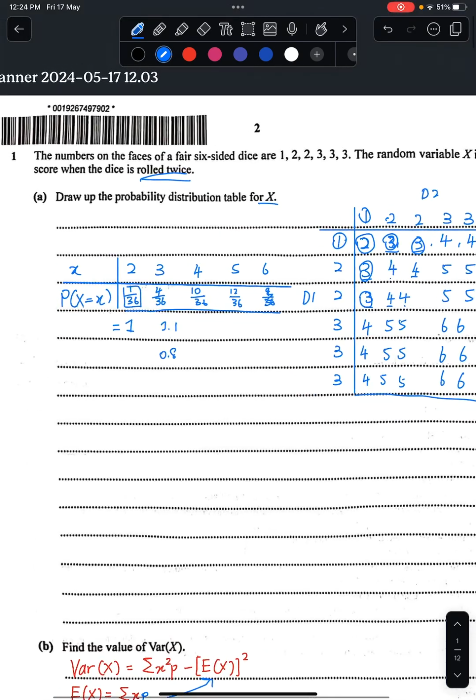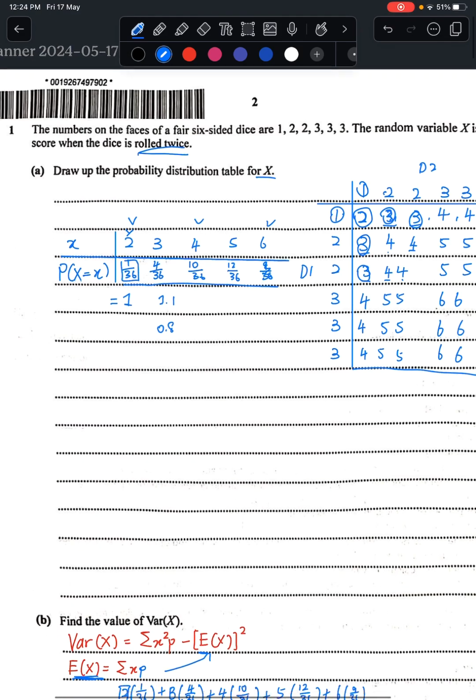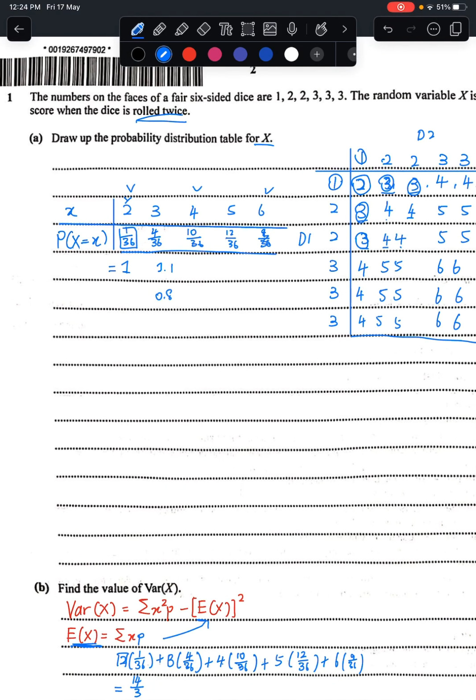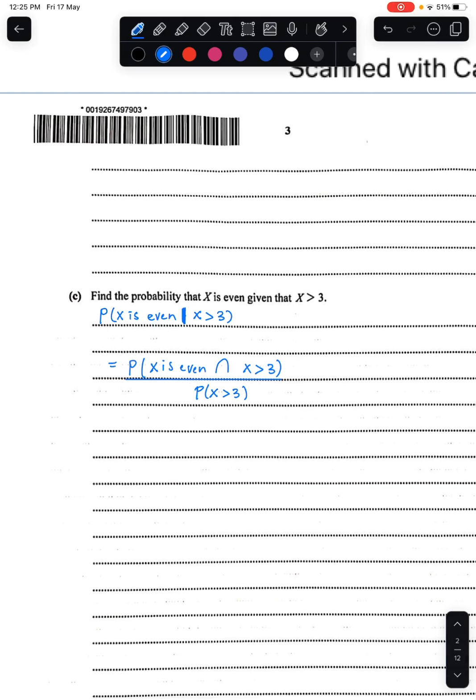It basically means that you go back up. The question helps you. The even numbers are 2, 4, and 6, but we need x bigger than 3, so we cannot use 2. We can only use 10 out of 36 and 9 out of 36, so you add them up. It has to fulfill these 2 conditions, even and bigger than 3. That's why you cannot use 2.